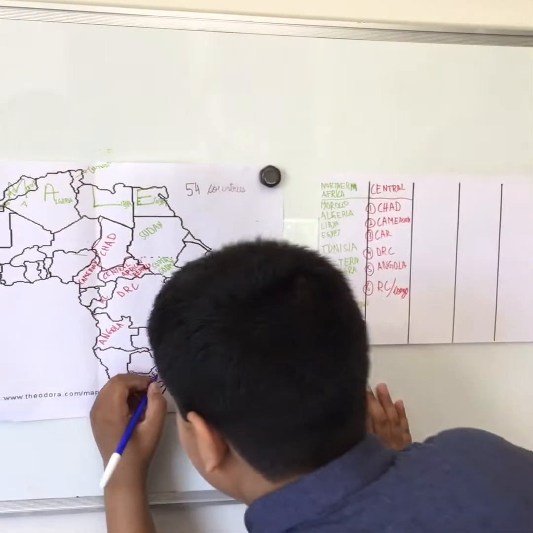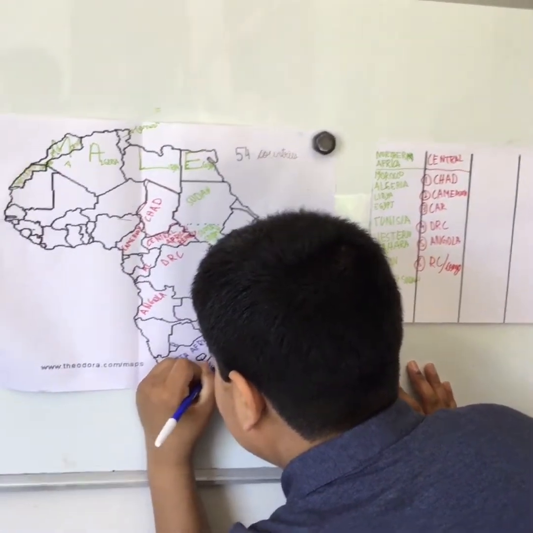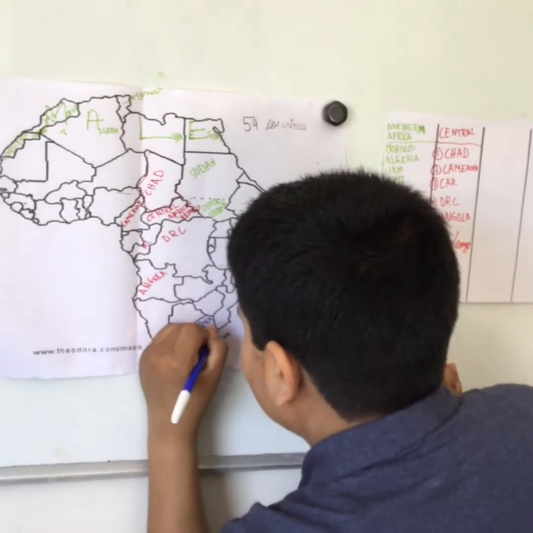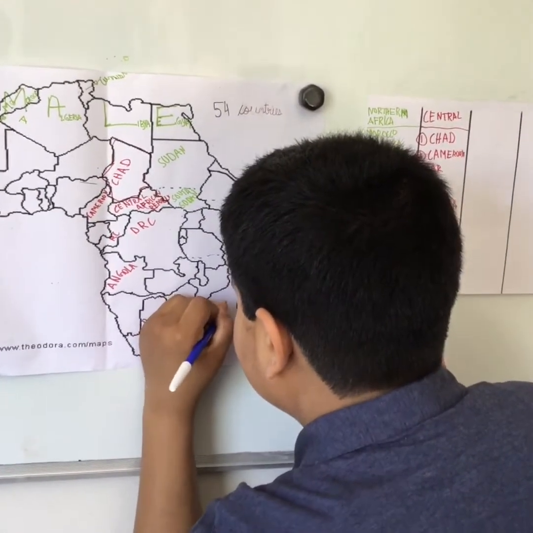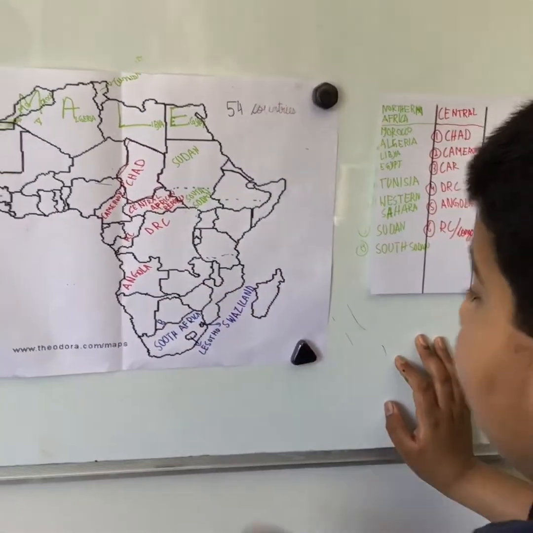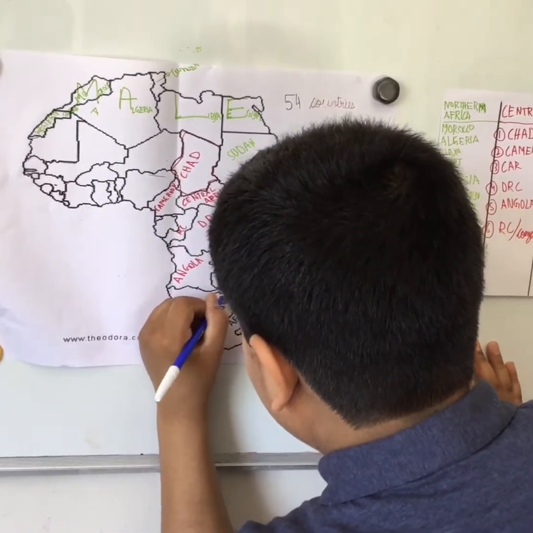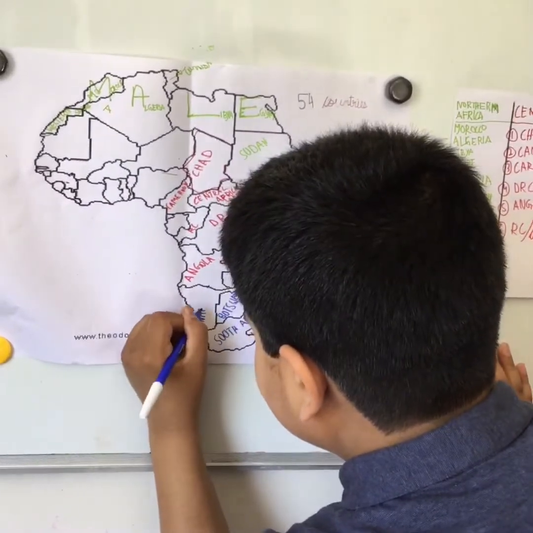His children are Lesotho and Swaziland. And the boat stands for Botswana. Namibia is Namibia.